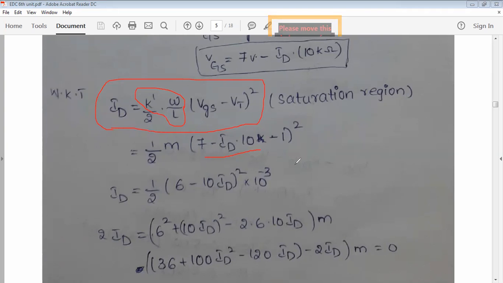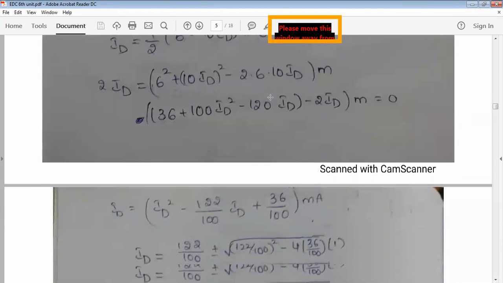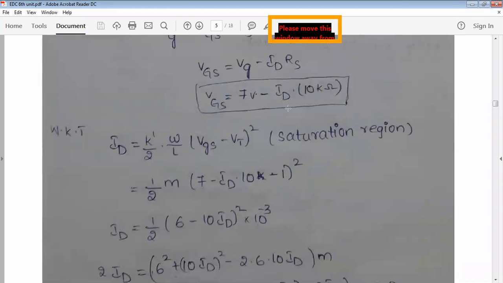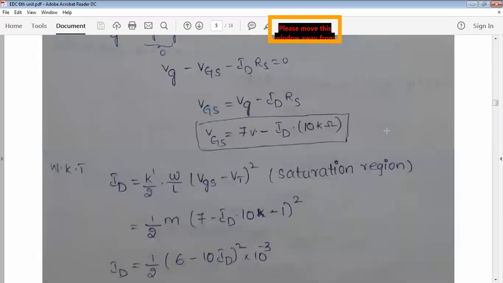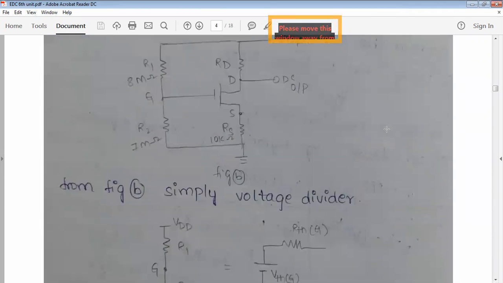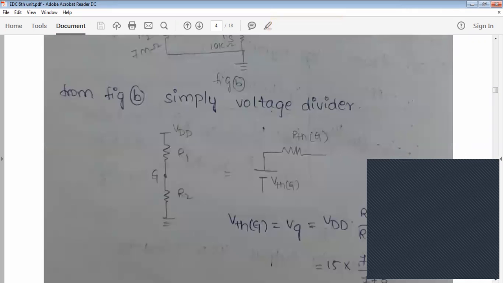Then simplify this expression and derive the values for ID. This is a quadratic equation. Okay, here in the given problem itself, K dash into W by L is equal to 1 milli. Remember this one.